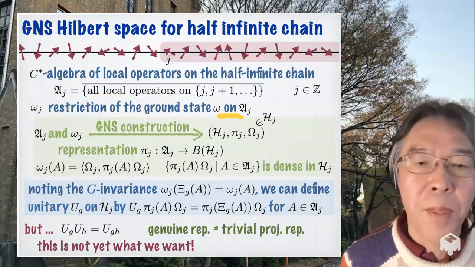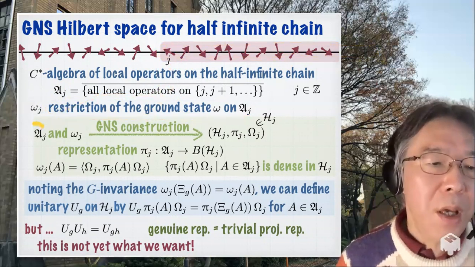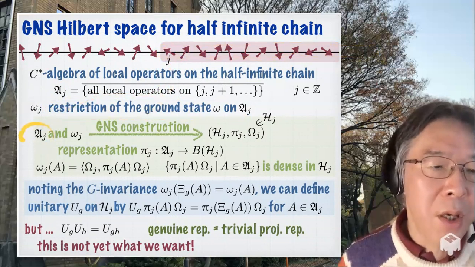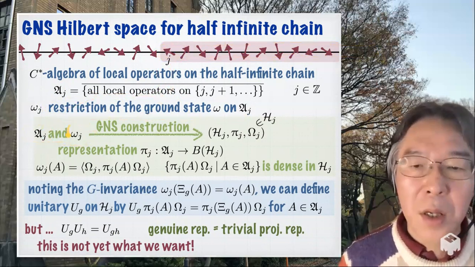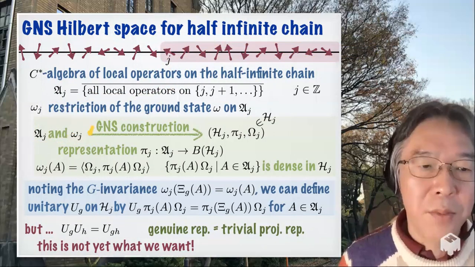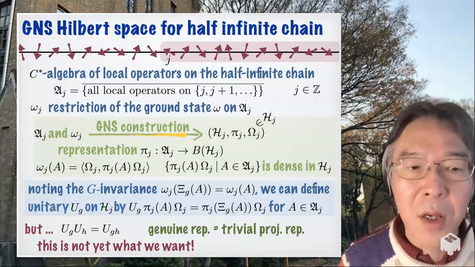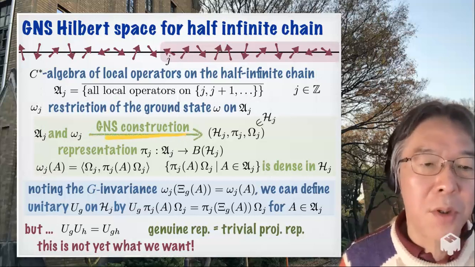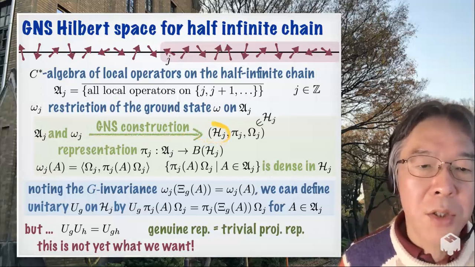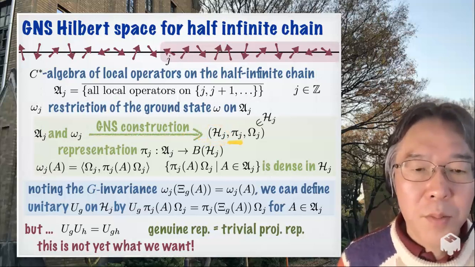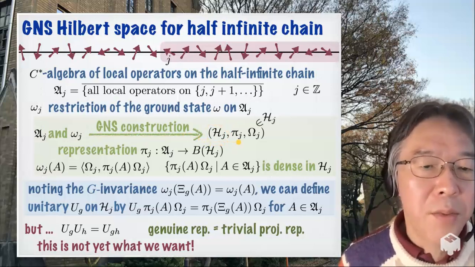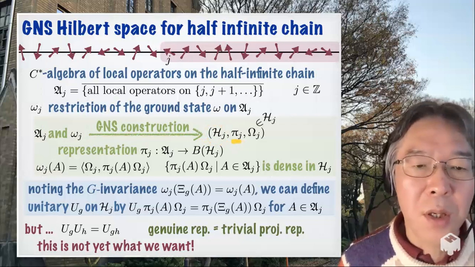Now, if we have a C-star algebra R_j and a state on it, we can always go through a very standard procedure known as the GNS construction. You can find it in any textbook of operator algebra, and you get a Hilbert space H_j, a representation pi_j of the C-star algebra.